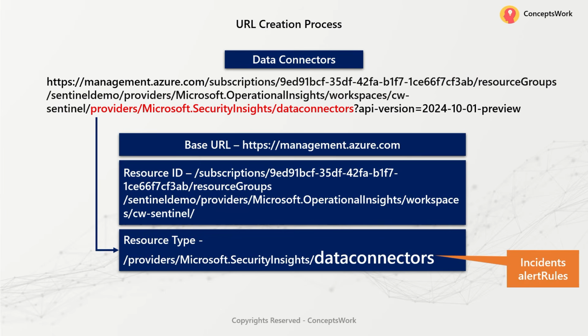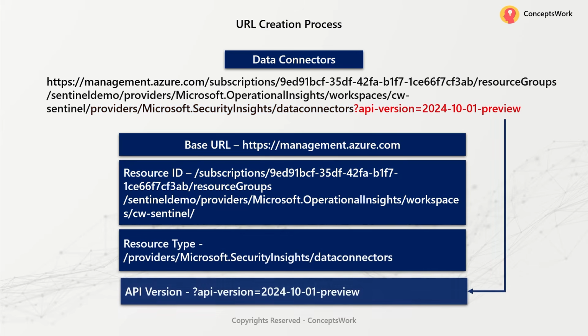So let's say if you have to access incidents, then you will replace data connectors with incidents. And if you want to access analytical rules, then you will replace data connectors with alert rules and so on. Lastly, you will mention the API version. Now, since there are multiple choices for the API version, as we move along with the playlist, I will show you which API version you should choose for a specific resource type.